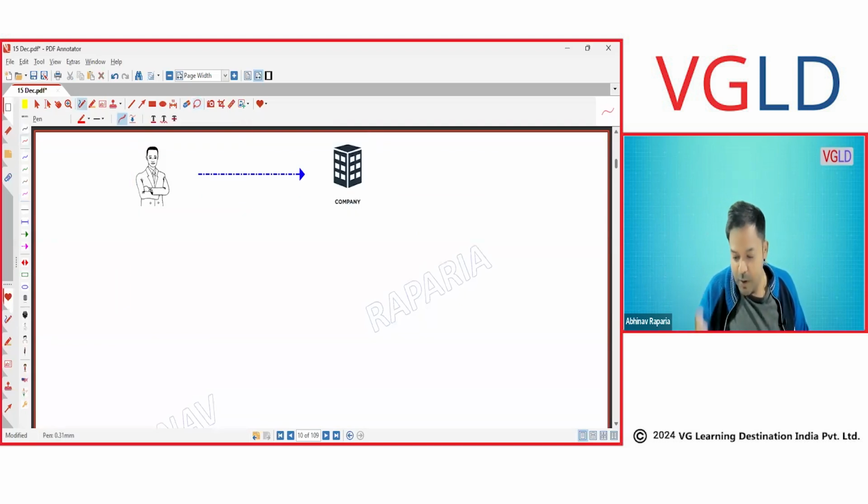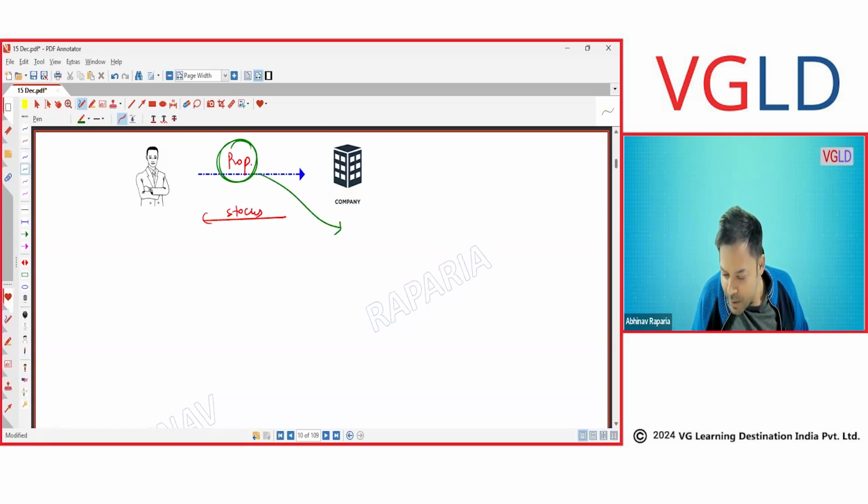Step number 4 was, sorry, the shareholder is giving the property to the company and the company is giving the stocks. In step number 4, whatever property the company is receiving, what is the basis for the company? Is this point clear or not? This is step number 4.